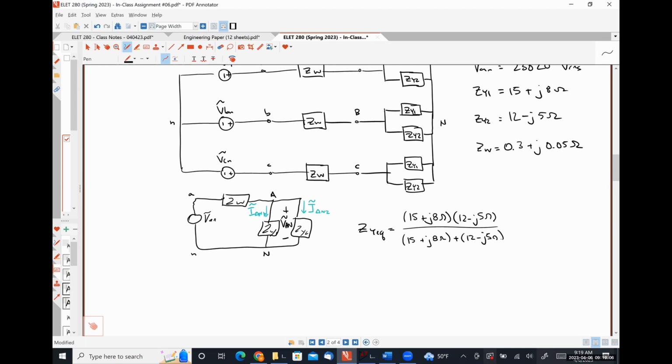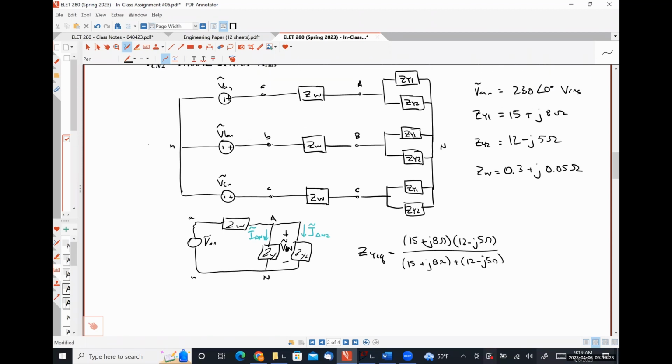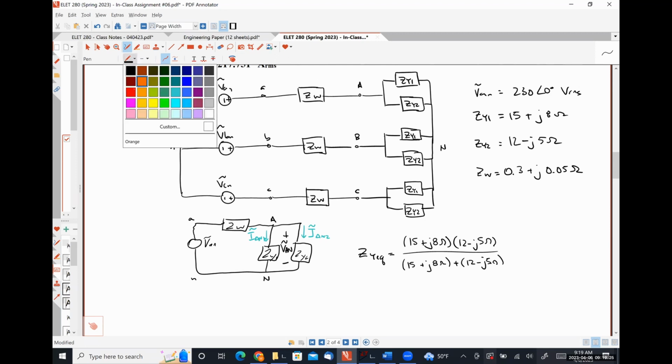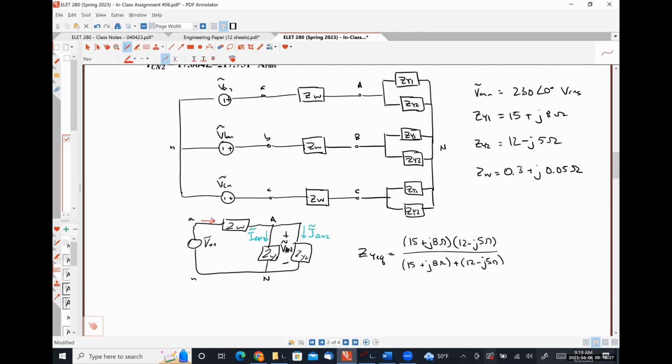All right. And then what did you suggest doing after that? Okay, so just to be clear here, you are solving for the line current.